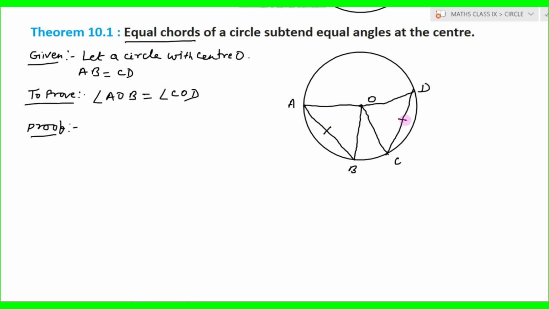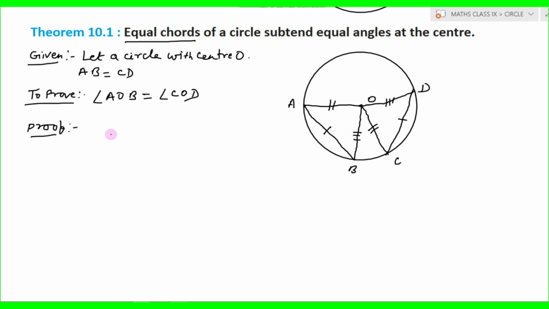Here this side equal to this side is given, and we know radii of a circle are of equal length, because A, B, C, D are all equidistant from the center O. So OA we can consider equal to OC, and OB equal to OD. So we find all 3 corresponding sides are equal. So the criteria that fits here is SSS.